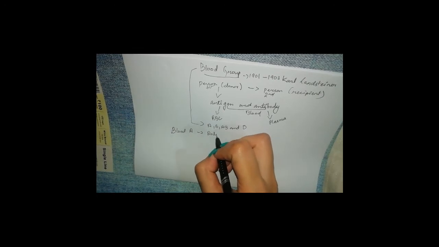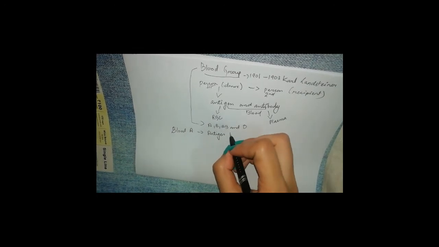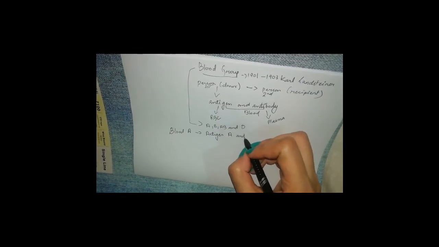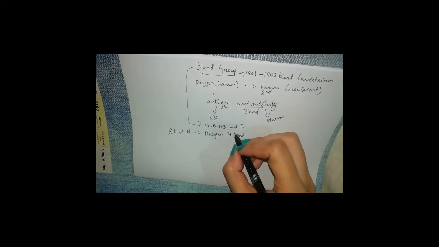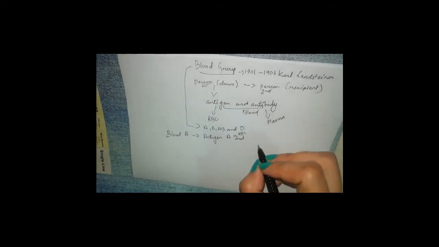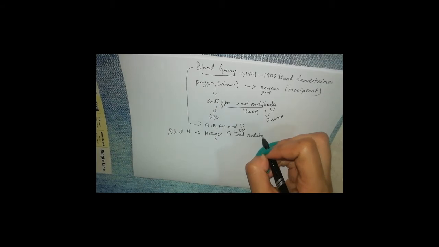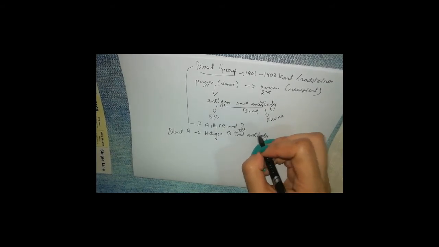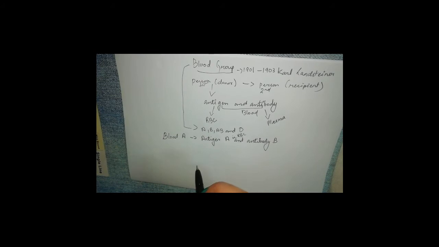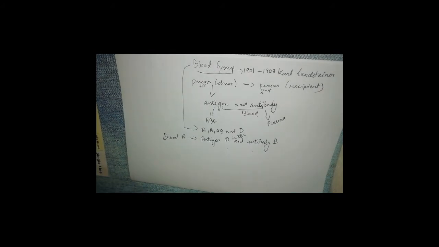Blood group A has antigen A in their RBC, and they have antibody B. Remember that blood group A will have antigen A in their red blood cells and antibody B in their plasma.